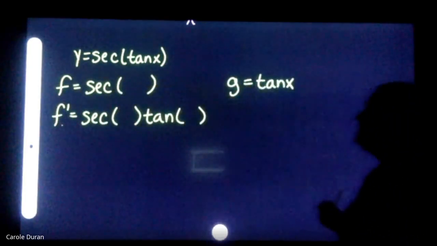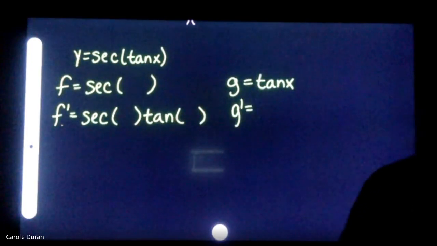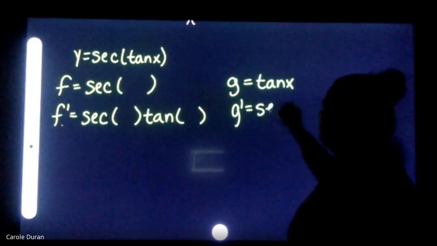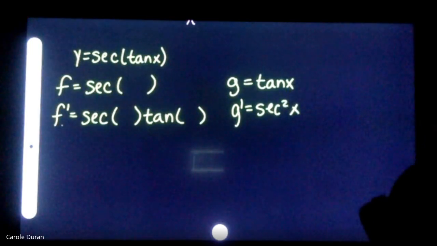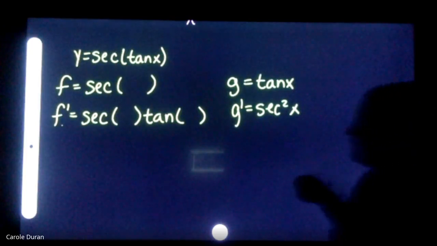And what's the derivative of tangent? Anybody? Secant squared. And then it is of x because I had an x in my tangent. So then from here, I just do my derivative.